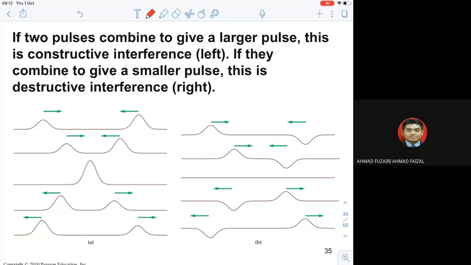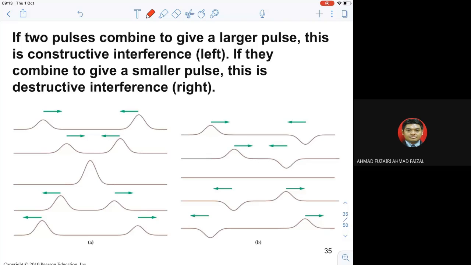I think most of you already remember from your school days that we learned about interference. We have two types of interference: constructive interference and destructive interference. So what are constructive and destructive interference?